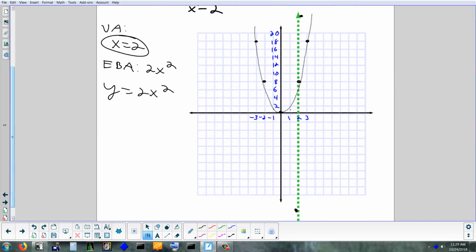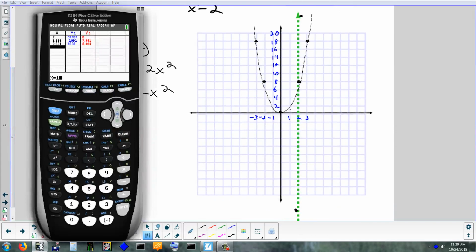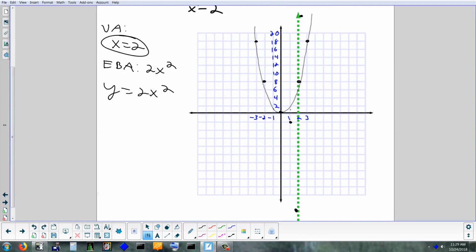I want to get some more points, okay, because I'm still not 100% sure what the graph is going to look like. So I'm going to try 1. When x is 1, I'm at -1. Oops. Keep forgetting my graph goes by 2 on the y-axis. So I'm going to go right through that point.